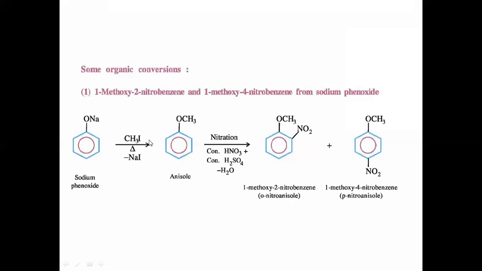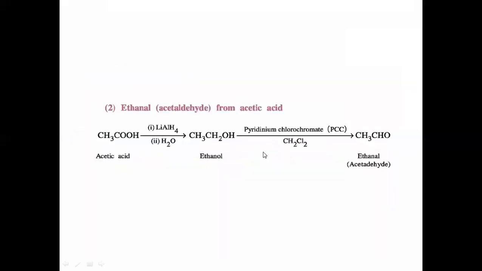So CH3I is required, giving NaI. In the first equation we have shown, from sodium phenoxide in the presence of CH3I, we get anisole. Now with the anisole, the methoxy is present, and we form the nitro at position 2 and at position 4, the para position. So nitration in the presence of HNO3 and sulfuric acid, we get ortho-nitroanisole and para-nitroanisole, or we can say 1-methoxy-2-nitrobenzene or 1-methoxy-4-nitrobenzene.